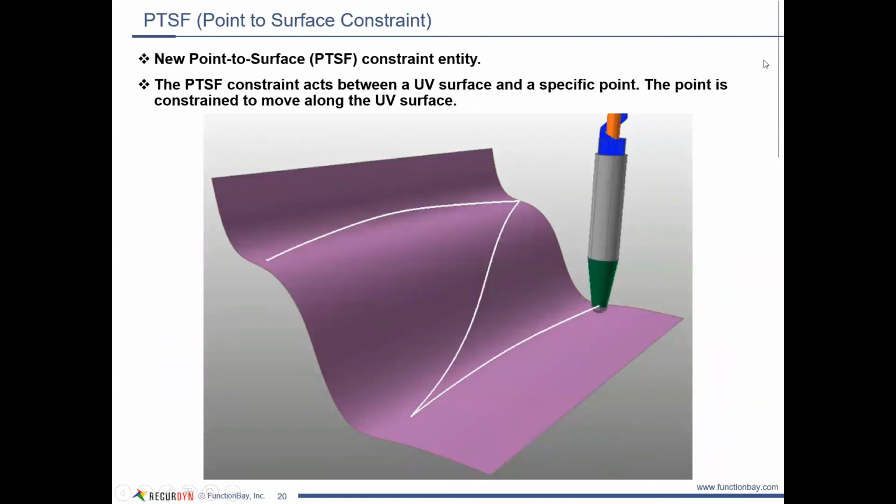There's a new constraint. It's a point to surface constraint. And if you look at the graphic here, we're tracing a path on the surface, and it's like, oh, that kind of looks like a contact. So the idea here is that we want this to be a constraint that can replace a contact in certain situations.